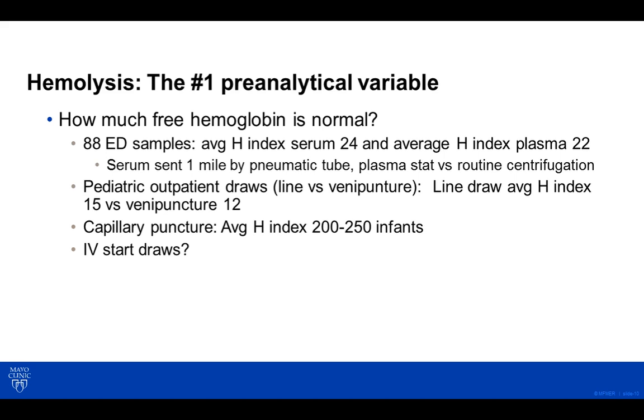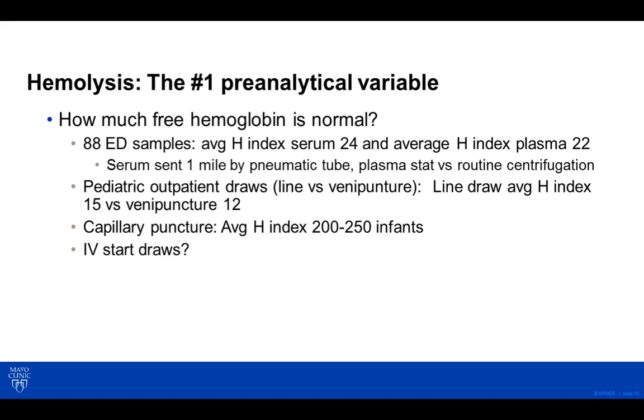One study here at Mayo Clinic, we had 88 ED samples. We measured H index for serum samples that were tubed a mile in our 1 mile long pneumatic tube, so that factors in, versus plasma samples that were sent to the stat lab but had a faster, harsher centrifugation.